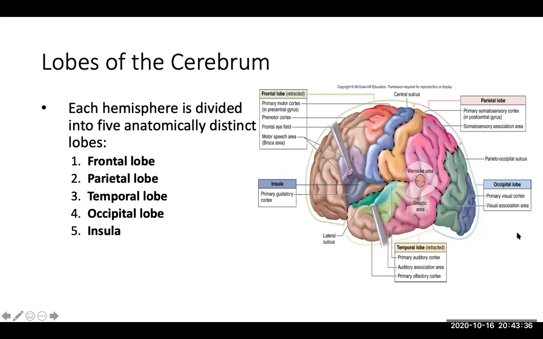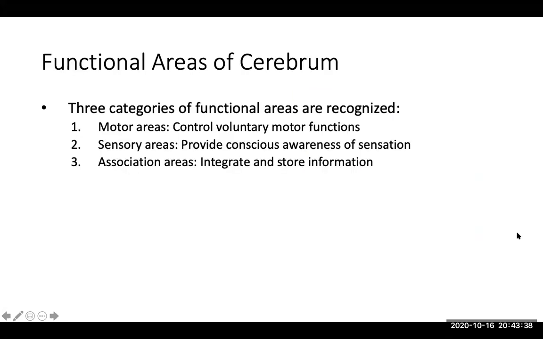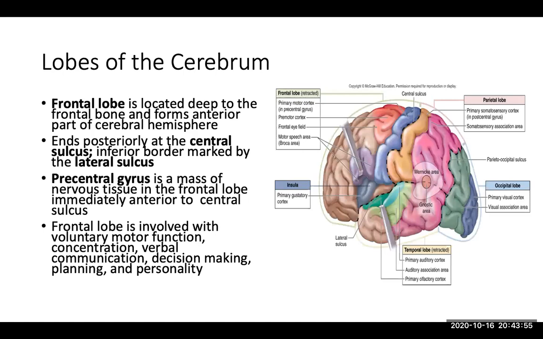There are three categories of functional areas that are recognized. There'll either be a motor area, which controls voluntary motor functions, a sensory area, which provides conscious awareness of sensation, and an association area, which will integrate and store information.